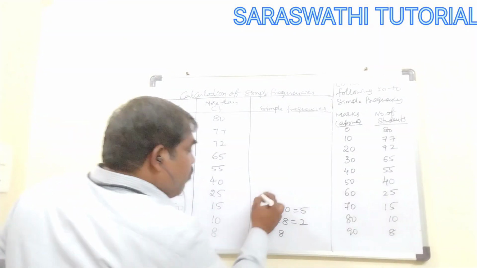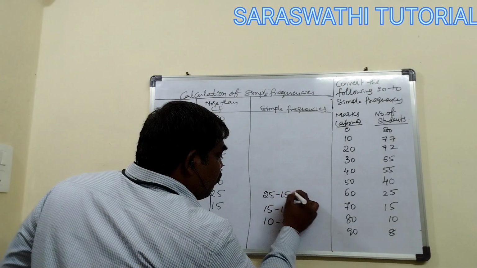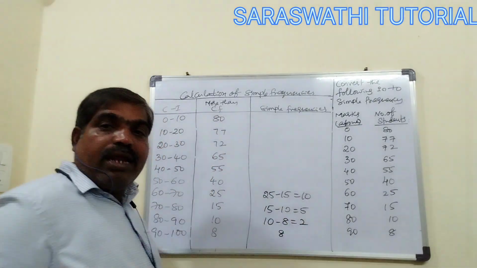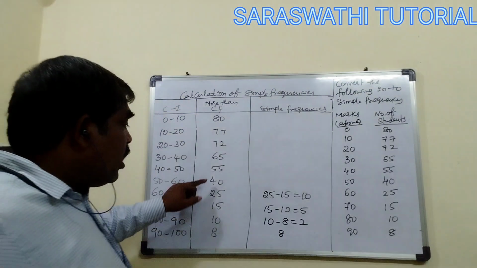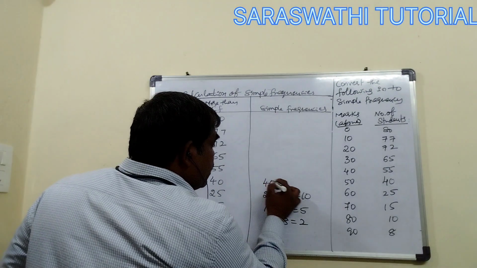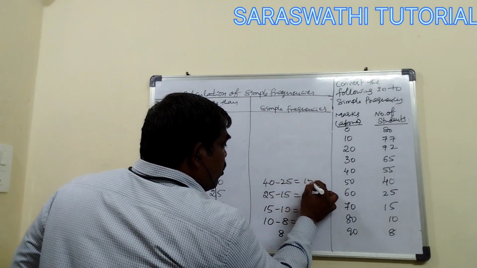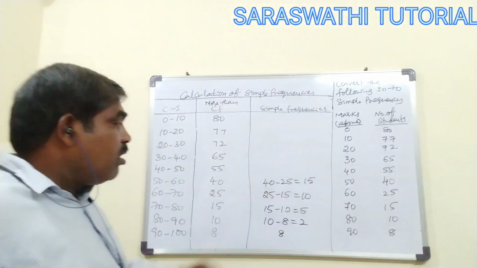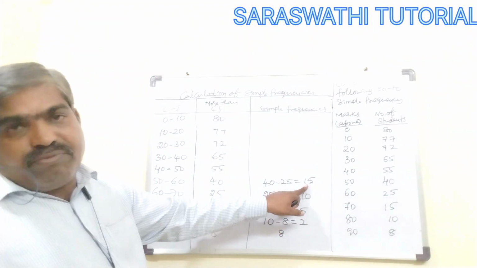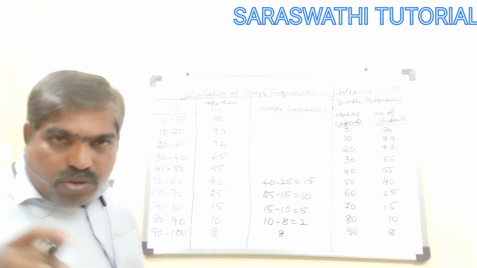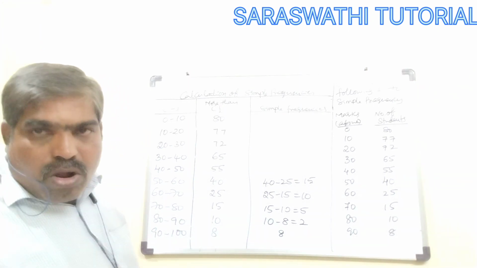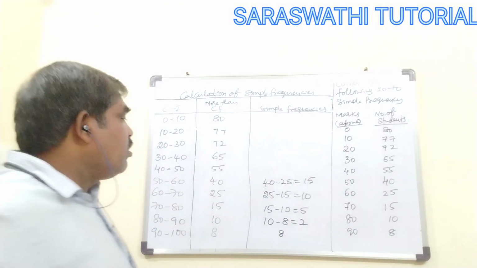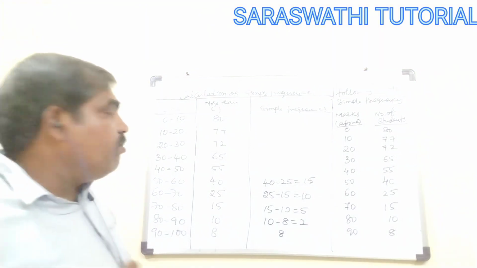Next, 25 minus 15, which is 10. Then 40 minus 25, which is 15. You can also use the calculator to cross check whether it is correct or not.